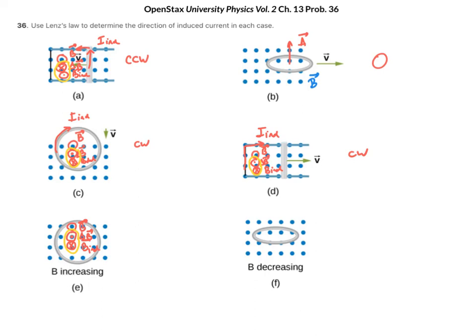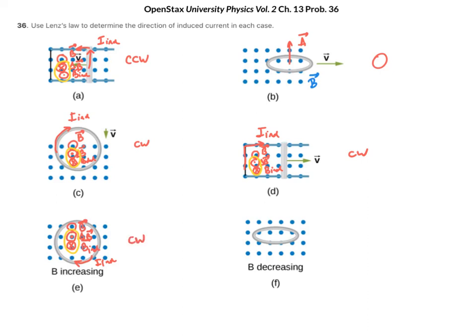Then to find the direction of the current, we place our right hand with the fingers coming out of the loop. So the hand has to be inside the loop, and the thumb will circle around in this direction. So this will be our I induced, and we have the current going clockwise.